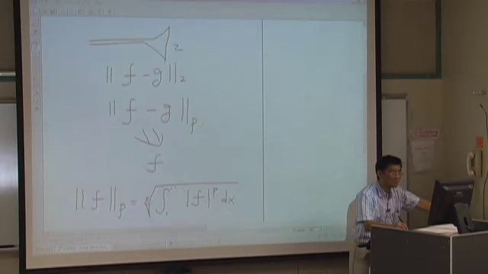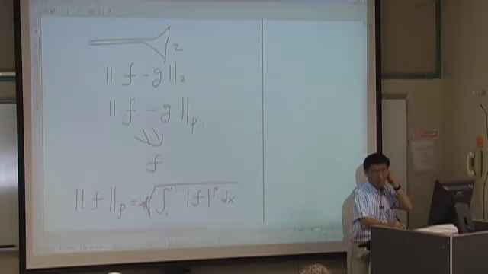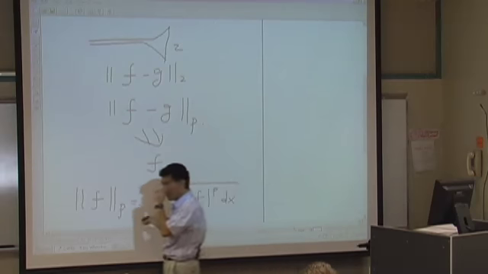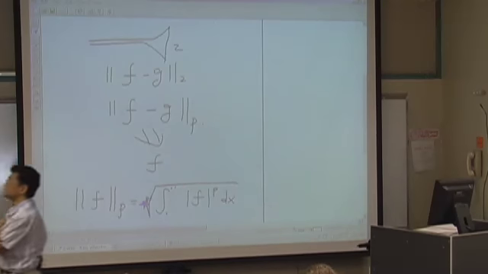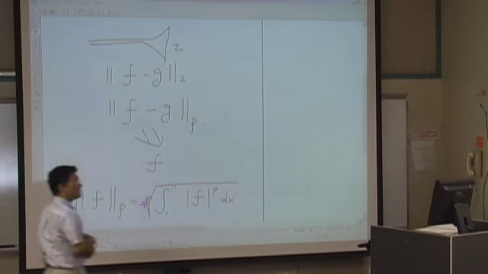Why? Because we took the pth power, we now take 1 over pth power. This is the general definition of p norm. So I will calculate a p norm with you.